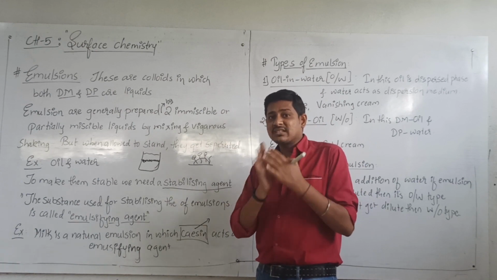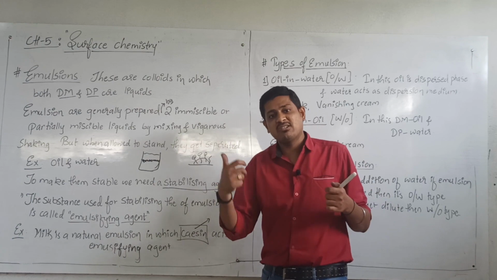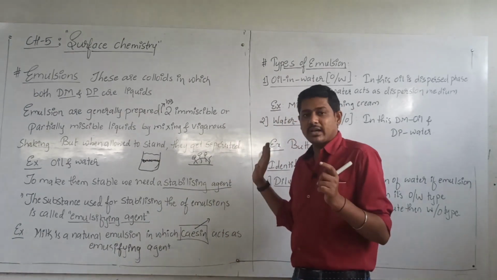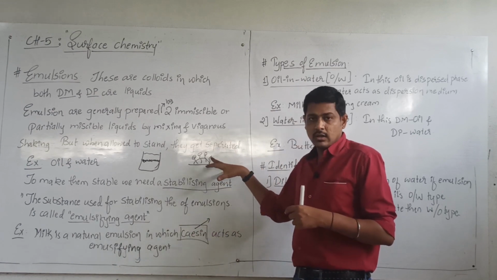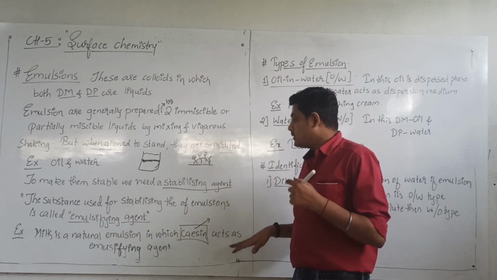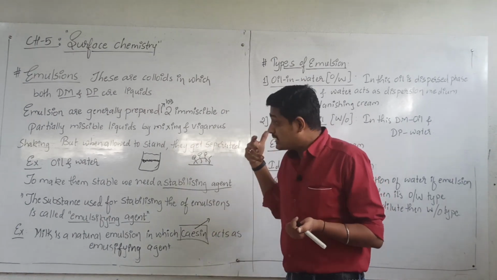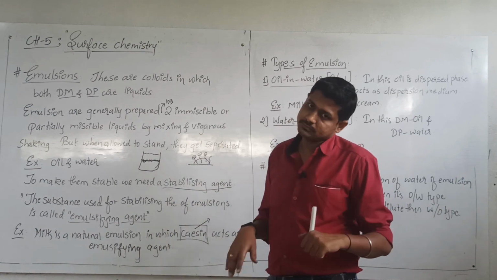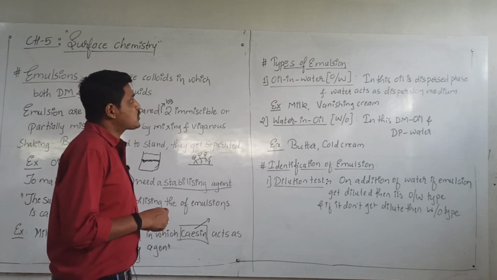When that casein is destroyed, the fat will separate and the water will separate. I hope you can understand this. You have an idea now of how the emulsifying agent works, and we know what an emulsifying agent, emulsification, de-emulsification and de-emulsifying agents are. Then moving on to the next topic, the types of emulsion.